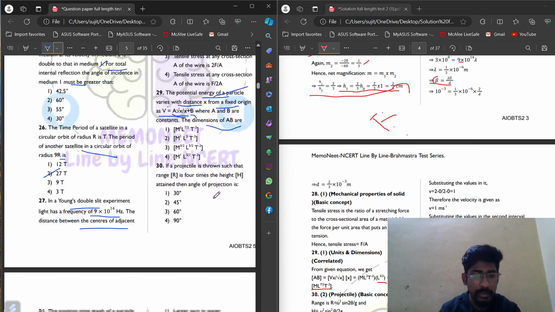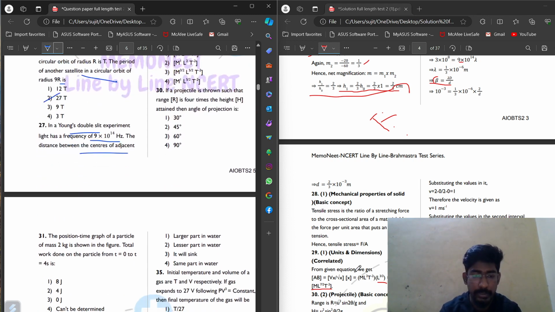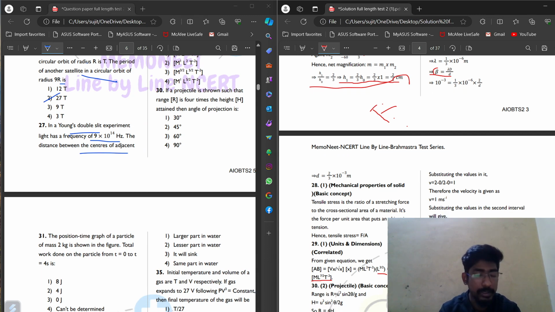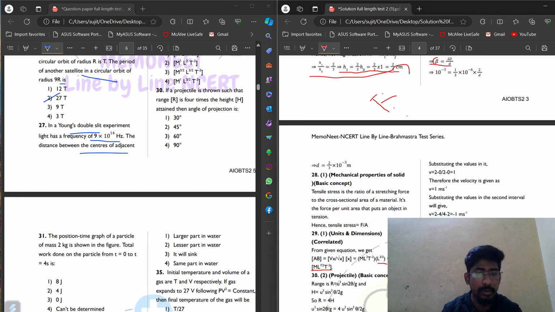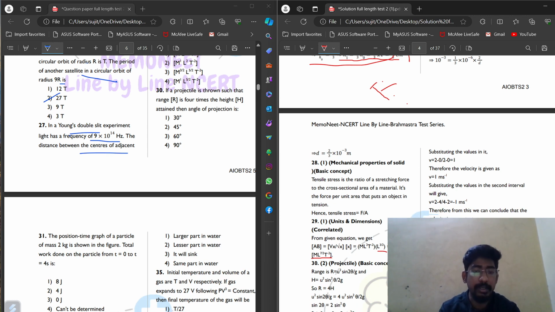If a projectile is thrown at such an angle that the range is 4 times the height attained, the angle of projection is? Okay, R equals 4H. In the first, sorry, part 1 test, I think there was a question from this part. I think you remember the formula of R is equal to u squared sine 2 theta by g, and the formula of H is equal to u squared sine squared theta by 2g.